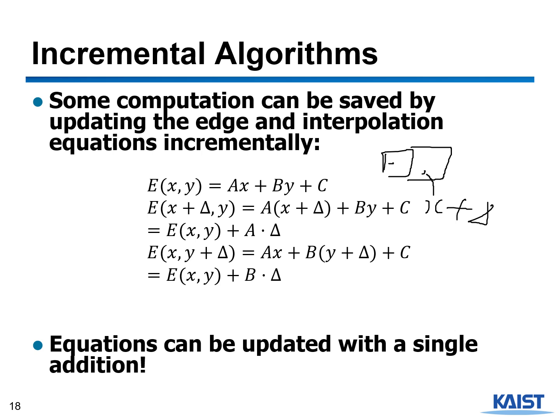For the next pixel, we plug in x plus delta into this equation, and this is nothing but the prior equation we evaluated at x and y plus a delta. By multiplying this one and adding this one, we can update the equation. We can do a similar thing for the y direction. So the equation can be updated with a single addition operation, and we can gather a little bit of saving here and there.